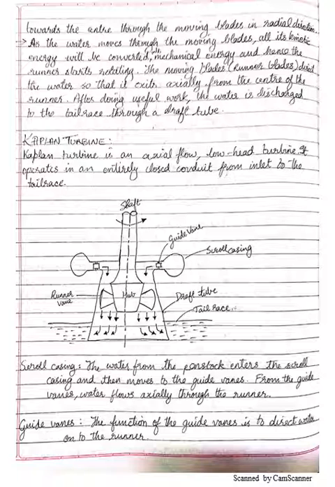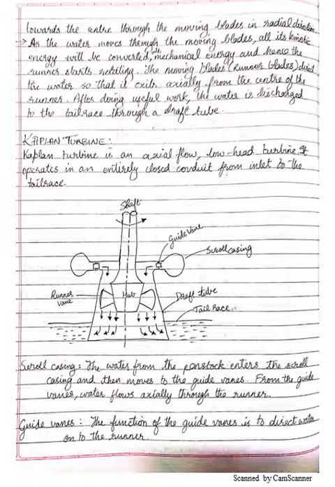Like I said, it mainly exits in the axial way. And as in all cases, the water is then discharged to the tail race through a draft tube. Okay, that's about it with that.